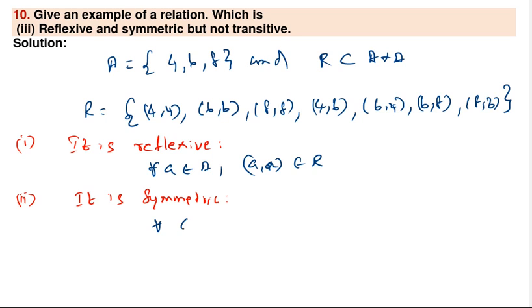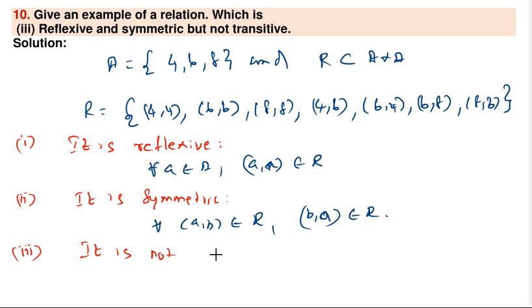For any ordered pair (a,b) of the relation R, (b,a) also belongs to the same relation. (4,4) and the reverse of (4,4) is (4,4), (6,6) and (8,8). (4,6) means (6,4), (6,8) means (8,6). So it is symmetric. And third one, it is not transitive.